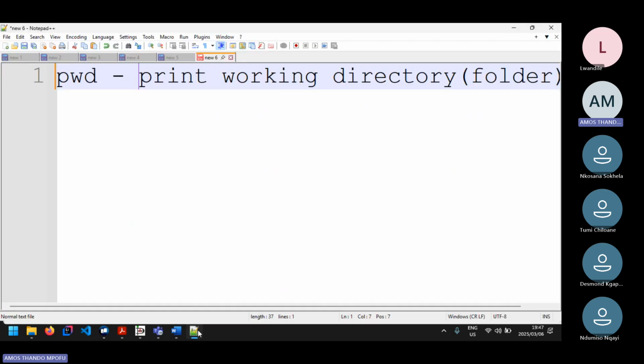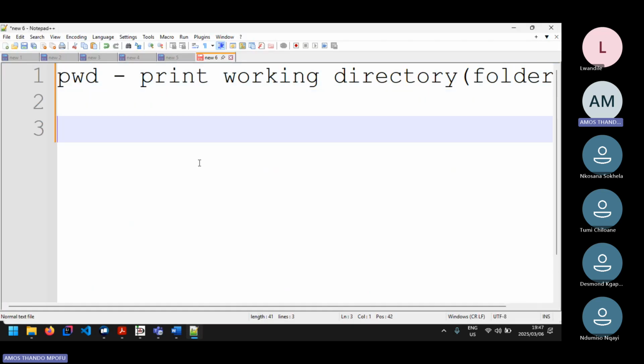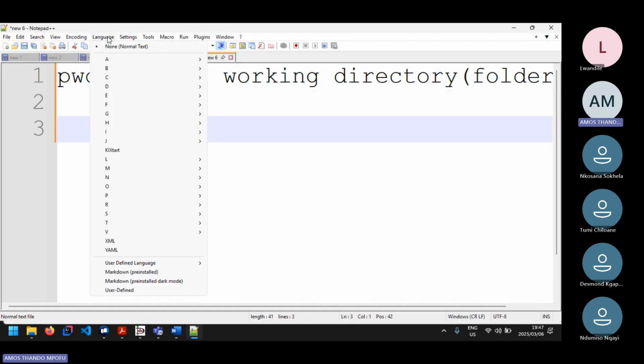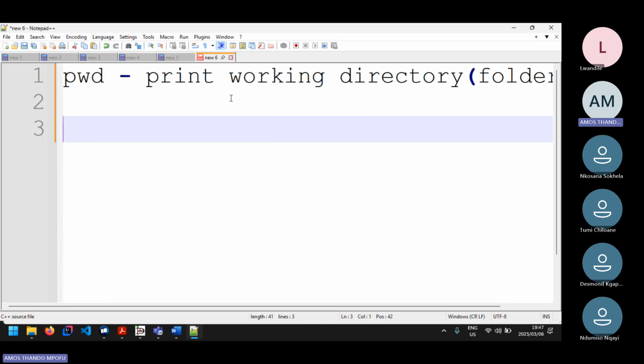So let me give you a bit of an explanation of the ranges for each data type. So how do you find the range? What is the formula to find the range for each data type? So the formula is base 2. Why are we using base 2?